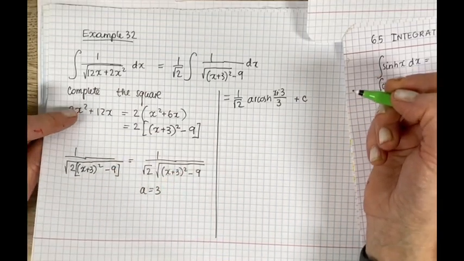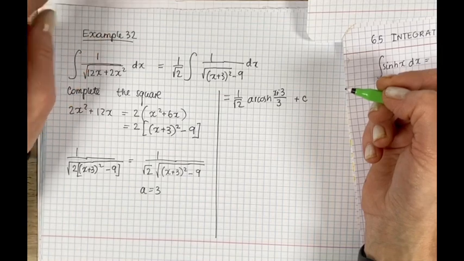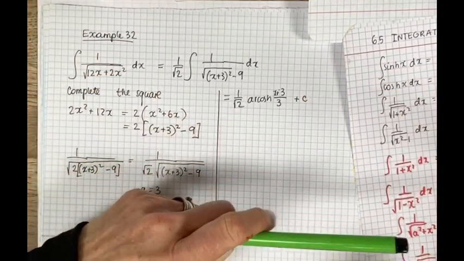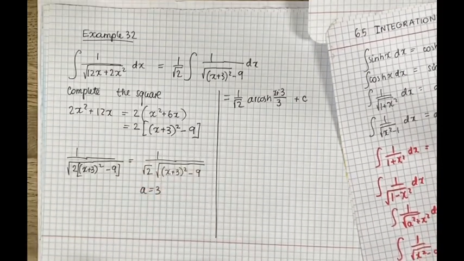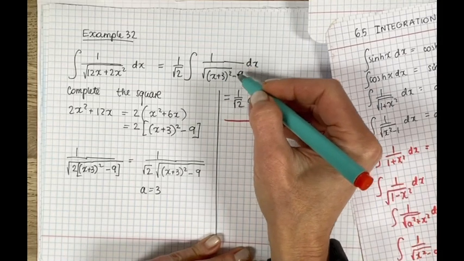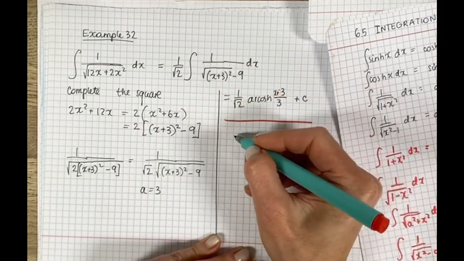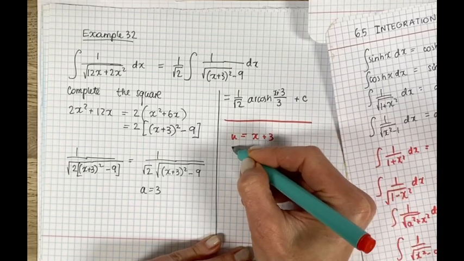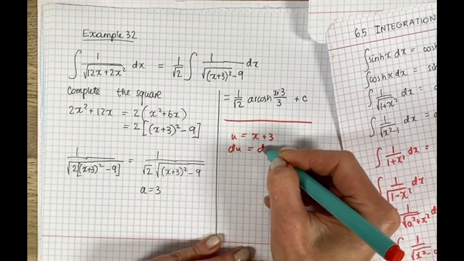Okay. So if you are worried that you can't spot this, what the textbook did, I better talk about it as well. If you are thinking this complicated part here needs to be replaced, use the substitution u is equal to x plus 3. Then du is equal to dx.